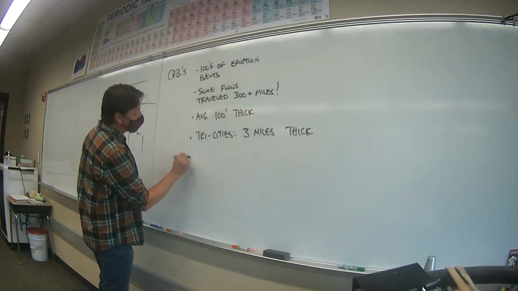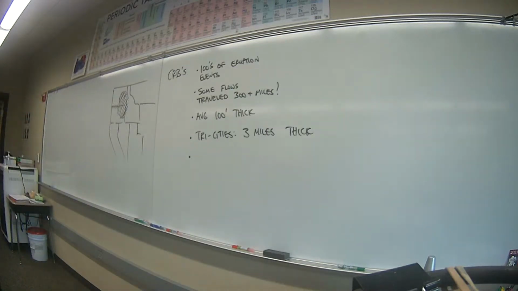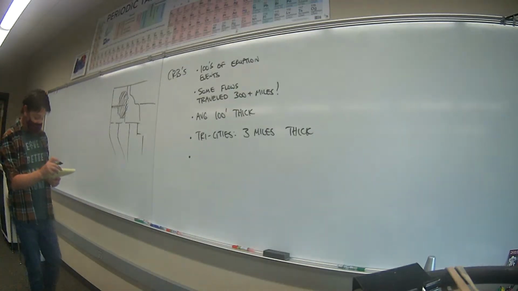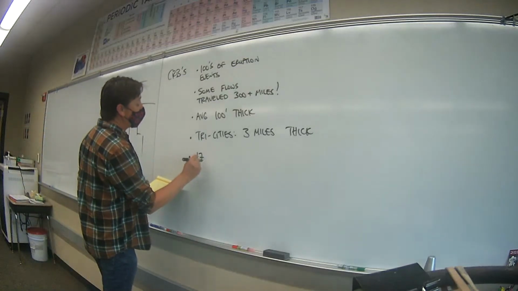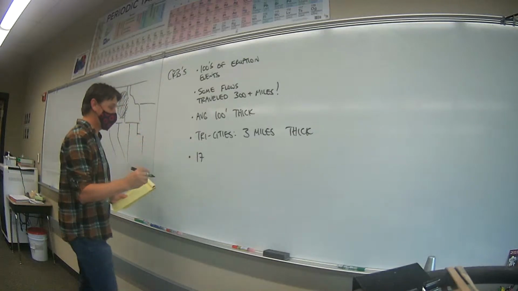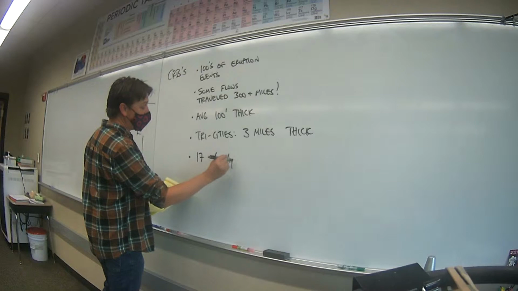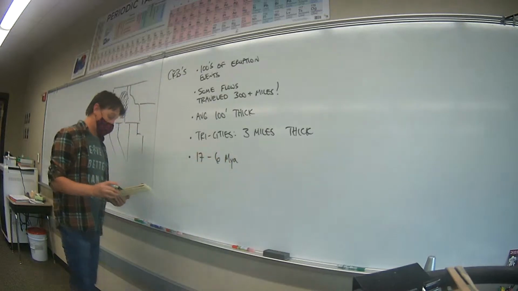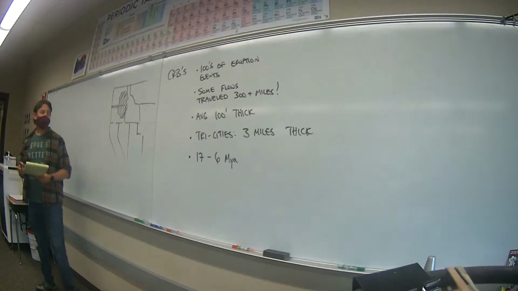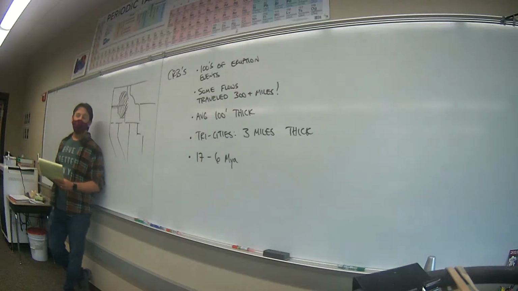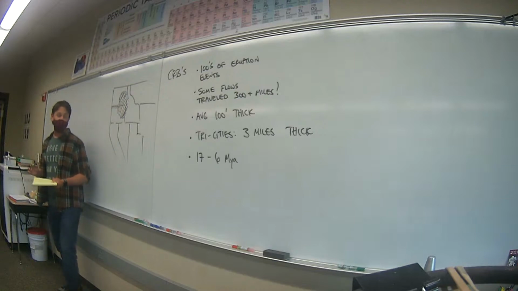Ages. The oldest Columbia River basalts are 17 million years old. The youngest are 6 million years old. So what? Does that mean that this was happening constantly for 11 million years? It doesn't.